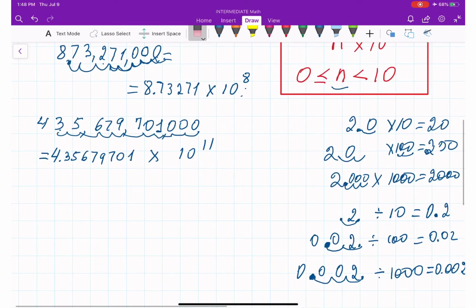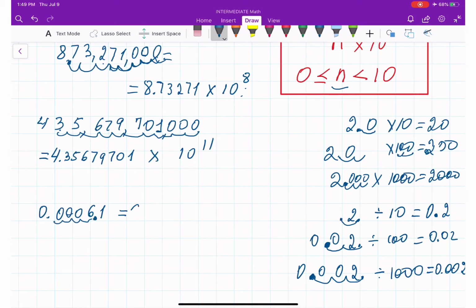So let's see. 0 point, now working with enormously small numbers. 0.00061. In that case, I have to go 1, 2, 3, 4 positions, 6.1, right?